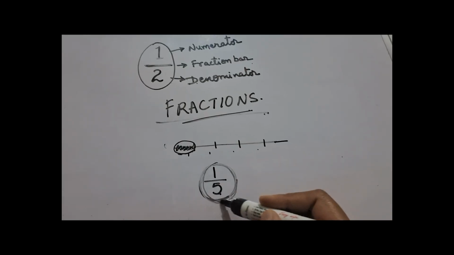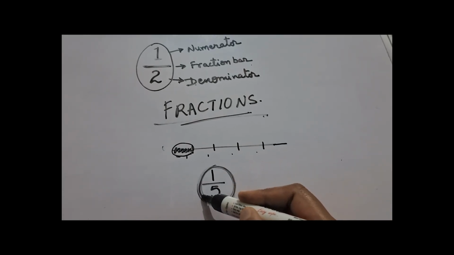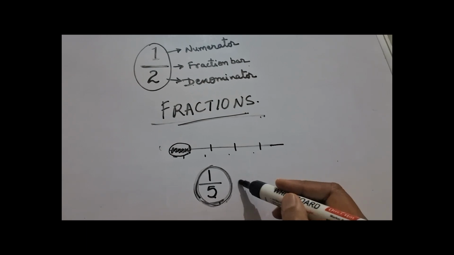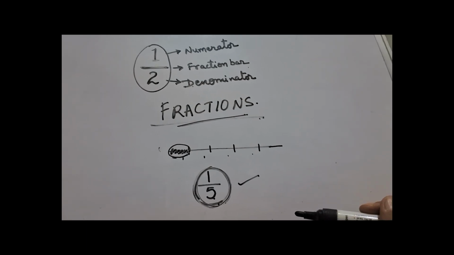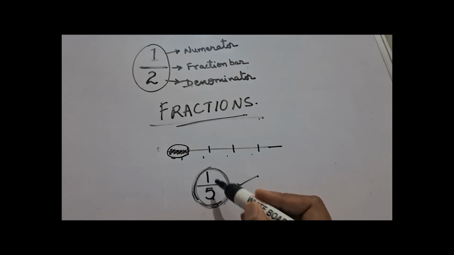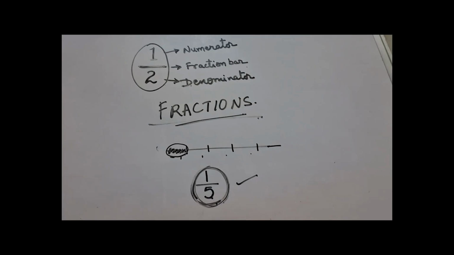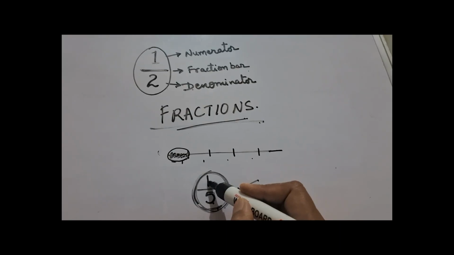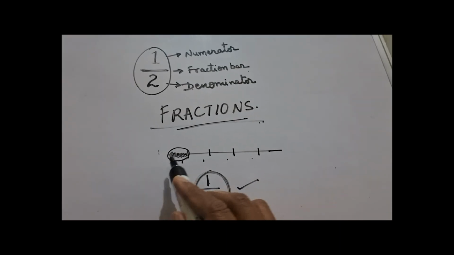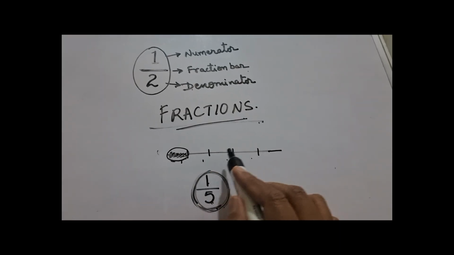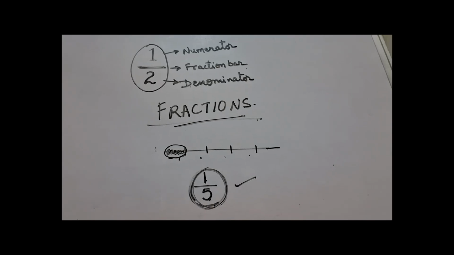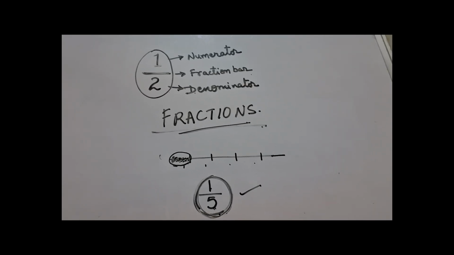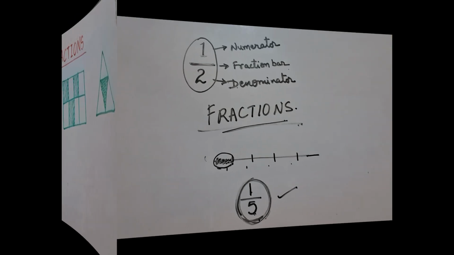This representation of a part of a whole is a fraction. A fraction has a numerator and a denominator. The numerator is the part selected and the denominator is how many equal parts the whole is divided into. So today we are going to learn about fractions, children.